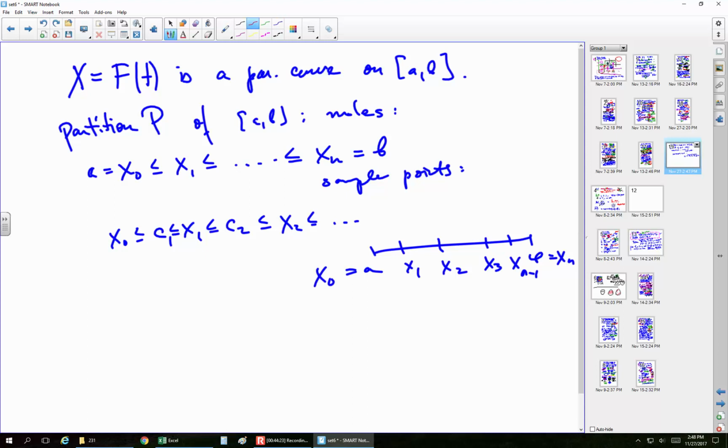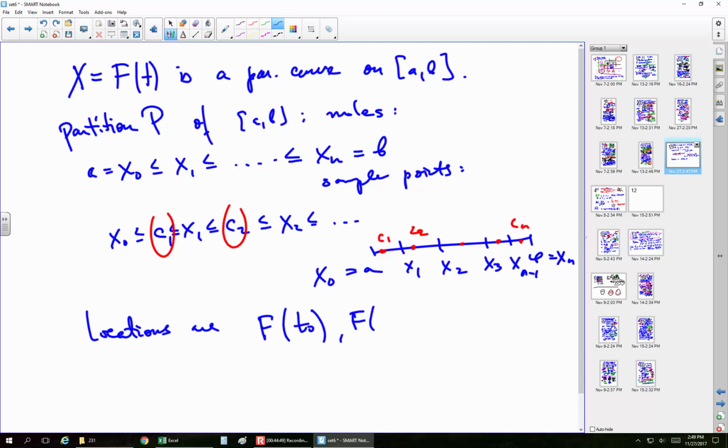And so these points are inserted in order to sample our function. But we're not going to sample only the function itself. We will use that sample function in order to sample the vector field. So the locations are f of t0, f of t1, up to f of tn.